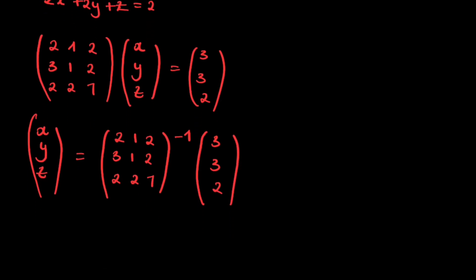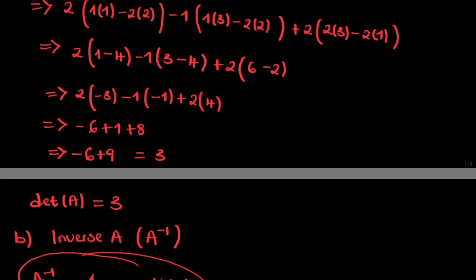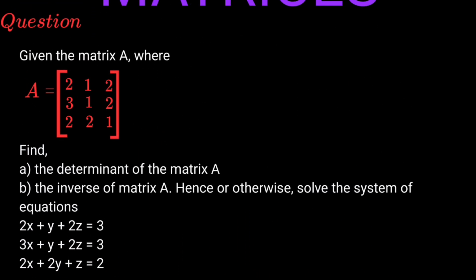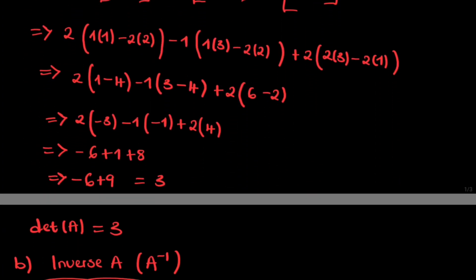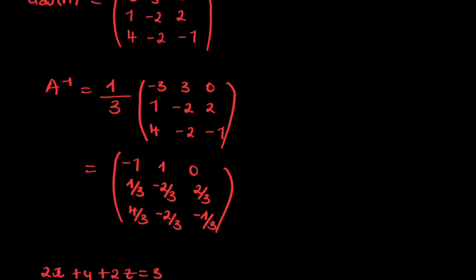So this is what we have. So now we have to find the inverse of this matrix, but we found it above. If you look, this matrix that we have is the same as the matrix above, the matrix A. So they are the same. So we have already found the inverse.